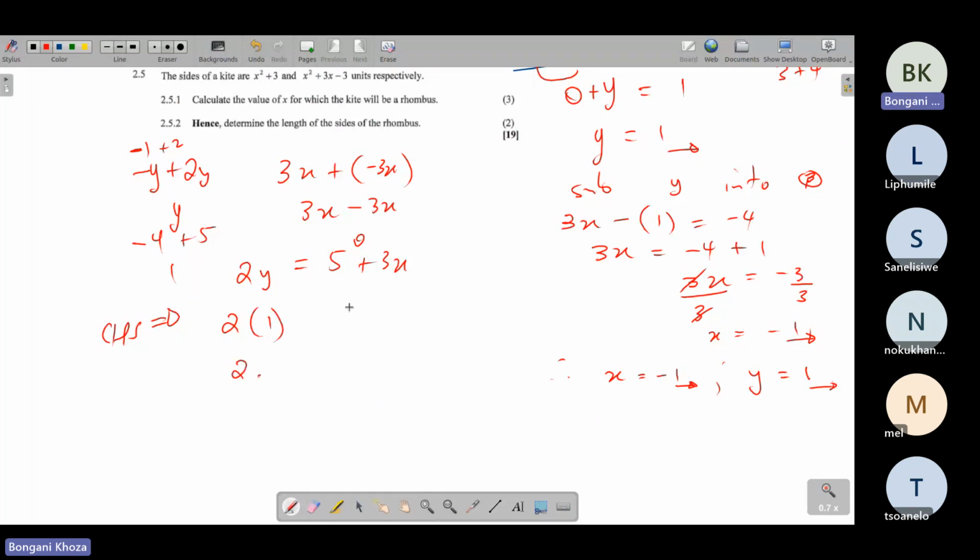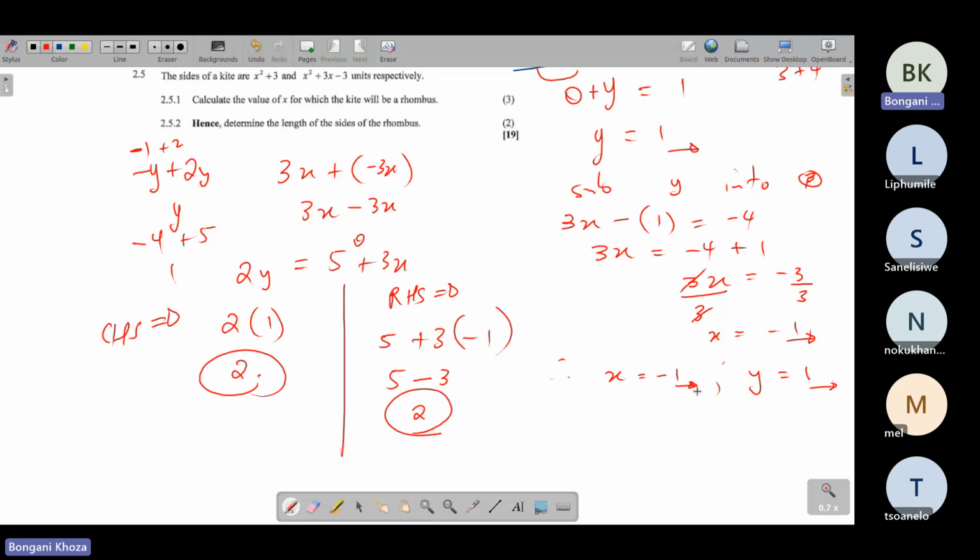So I'm expecting to get the same thing on the right-hand side. So right-hand side, I'm going to have 5 plus 3. My x value was -1. So if I plug in -1 here, I have 5 minus 3, and then I end up getting 2. So my left-hand side is the same as my right-hand side. That means I can confidently say that my values are correct.